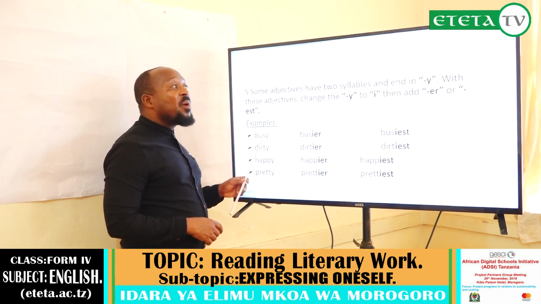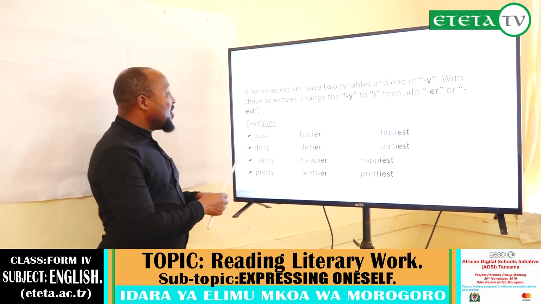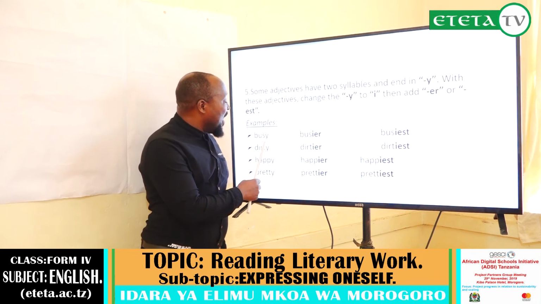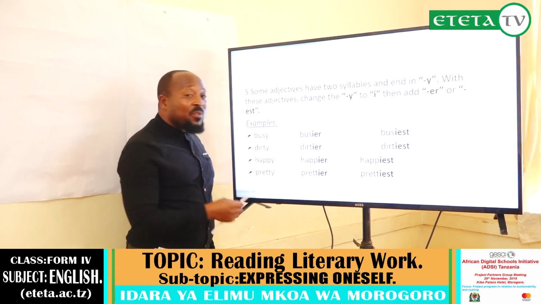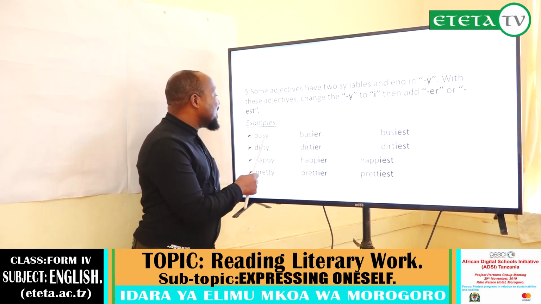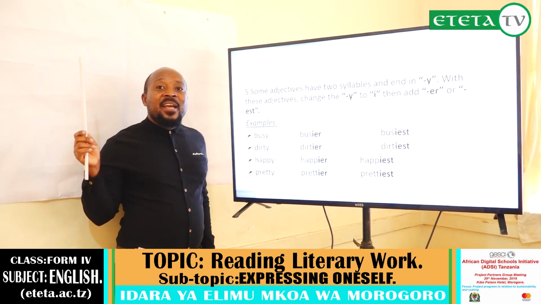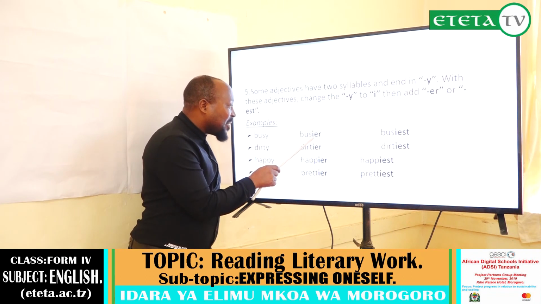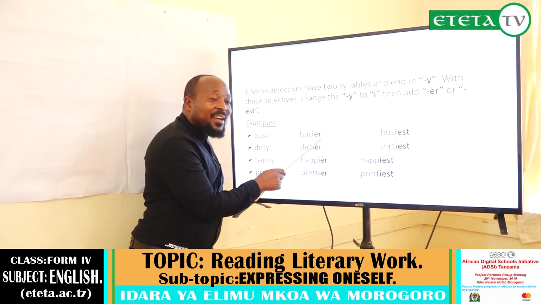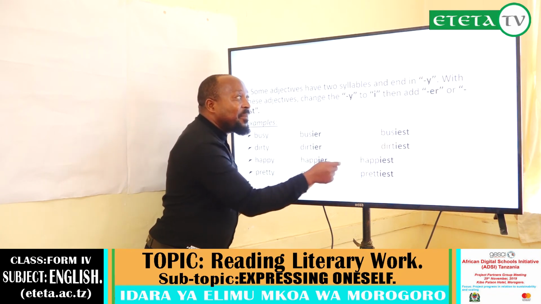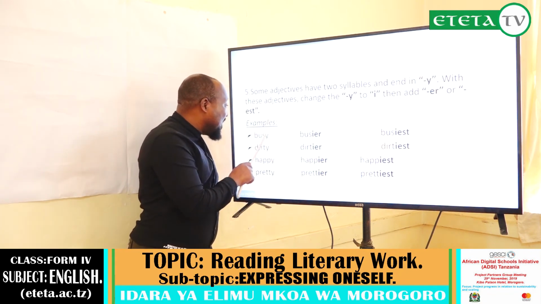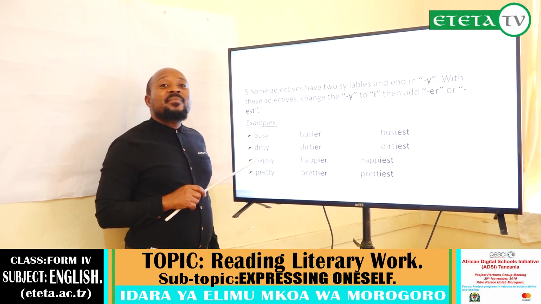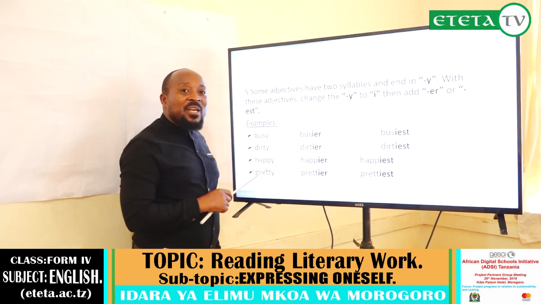This word has ended in Y. Now, because it has ended with Y, all these words right here, what you do, you take out this Y here. And after taking it out, you replace it with the I, this one here. Then you can add ER, or you can add EST. But remember, first you take out the Y. After that, you can do that one.